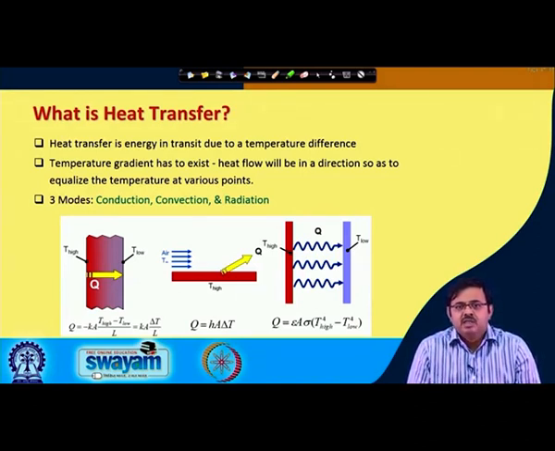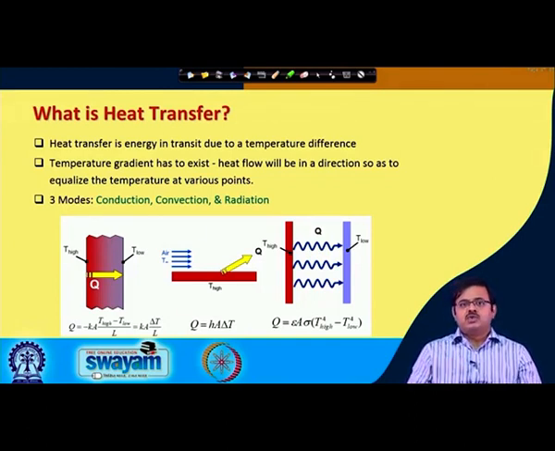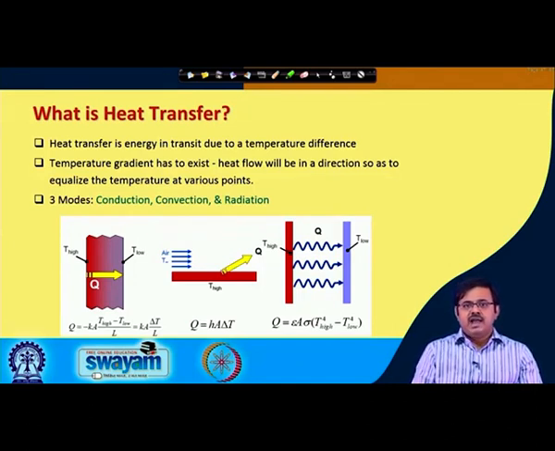Now, what are the three modes of heat transfer? We know from our class 12 physics, it is conduction, convection and radiation.